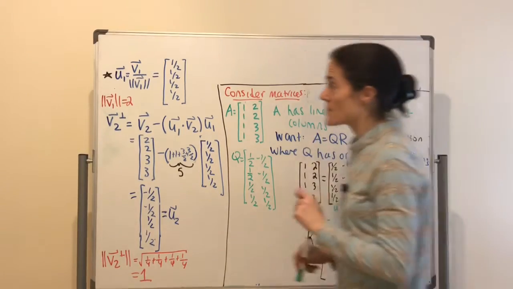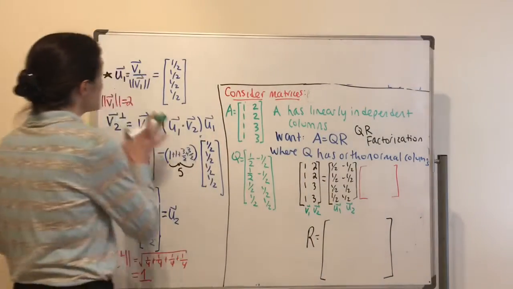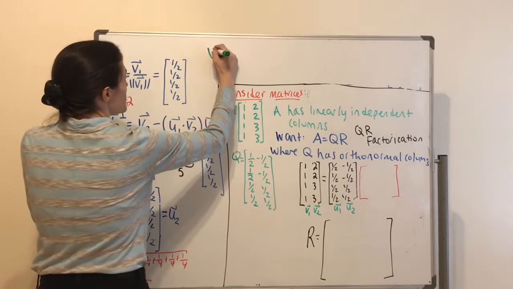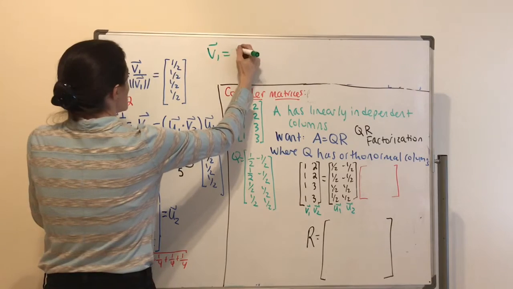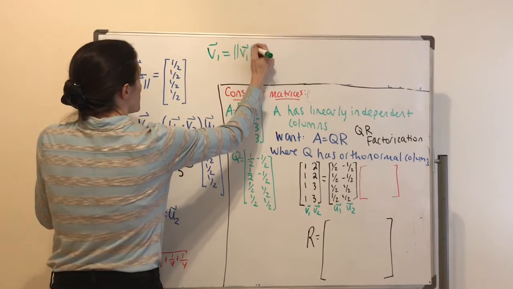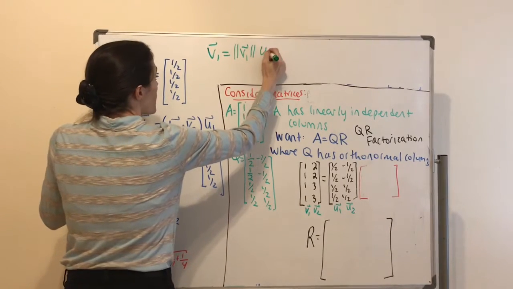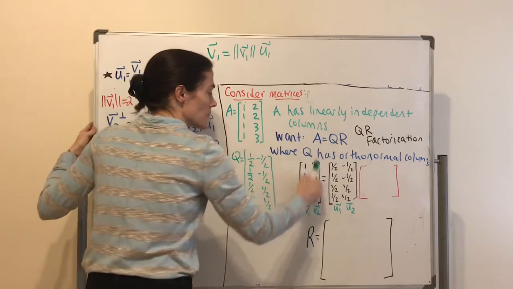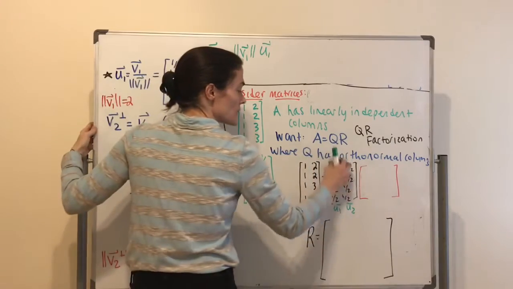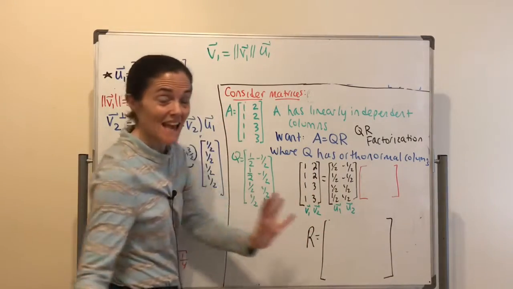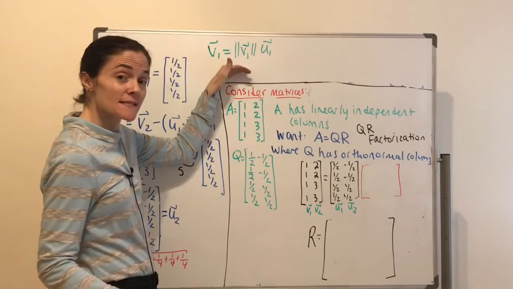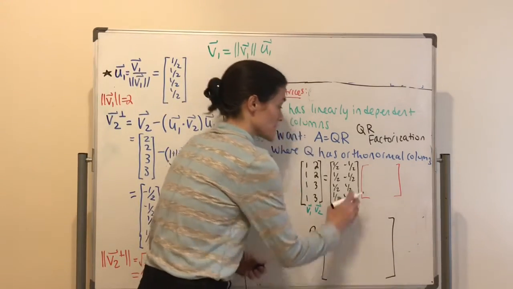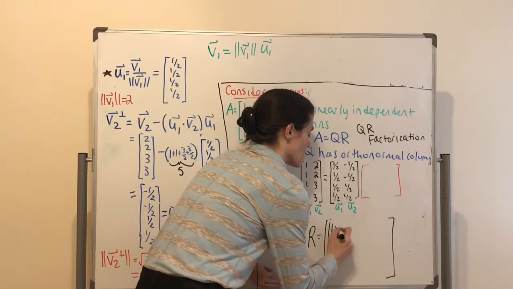And that's going to come from this equation. So if I multiply through, what do I see? I see that V1 is the length of V1 times U1. And here, this is a number and this is a vector. So this column is a multiple of this column. That's what this is saying. What this equation says is that this first column of the matrix R must be this.